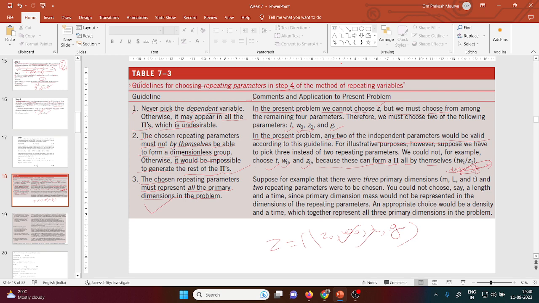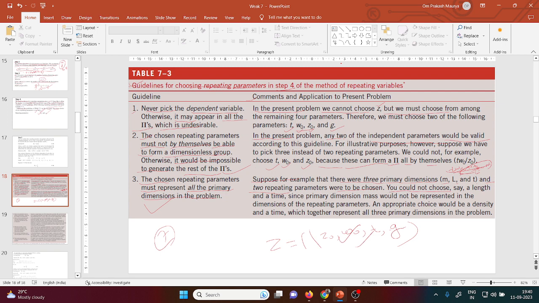Primary dimensions you know already, 7 are there: mass, length, time, temperature, matter, and so on. I was discussing this in the first slide. So they should all be represented. Suppose, for example, there were 3 primary dimensions: mass, length and time, and 2 repeating parameters were to be chosen.